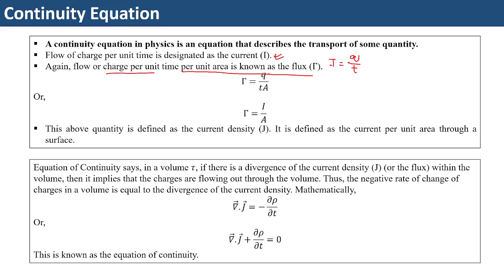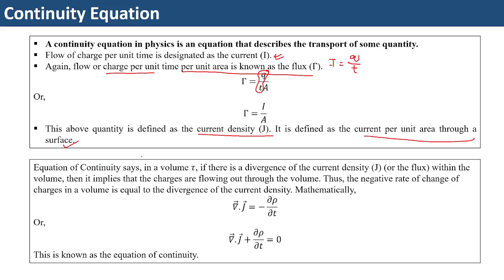So if you take charge per unit time together, you can write the flux equal to I upon A. This quantity, which is nothing but the flux of charges, is defined as the current density J. It is defined as the current per unit area through a surface.